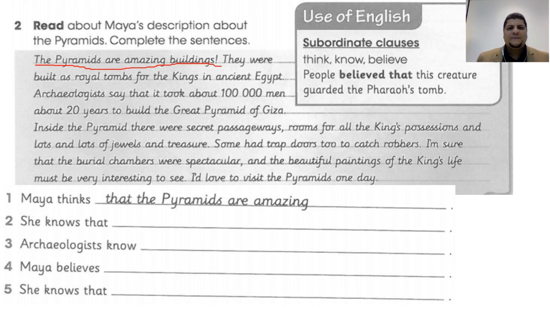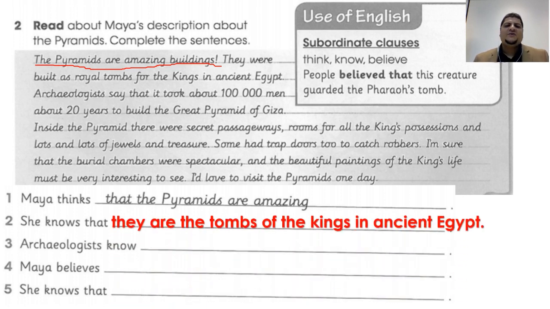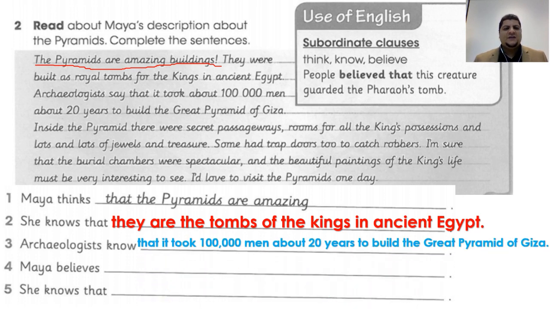She knows that. Here she says they were built as royal tombs for the kings in ancient Egypt. So the answer is going to be they are the tombs of the kings in ancient Egypt. I want you to write them in your activity book. So next, archaeologists now. This is the same line here.